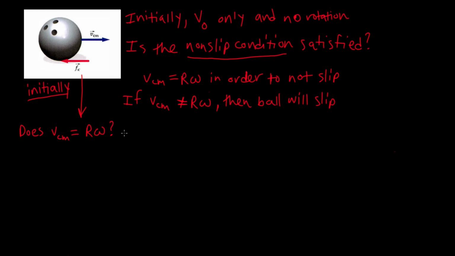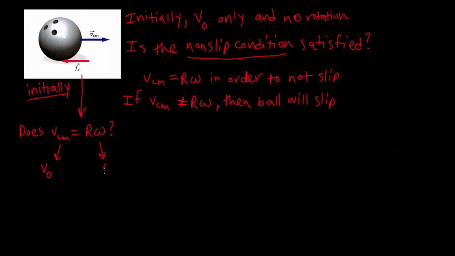What's the initial velocity of the center of mass? That was already given to us, and it's just v naught, or v0, because the center of mass is initially traveling at a speed of v naught as soon as it touches the floor.